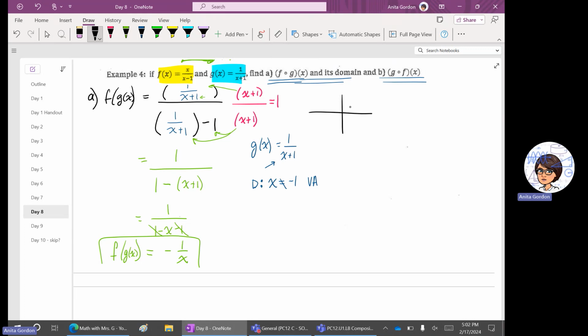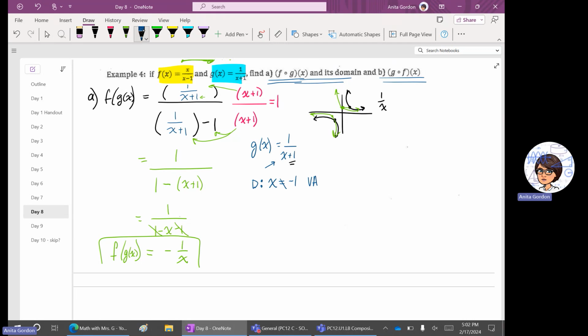Remember that 1 over x is this, where we have a horizontal and vertical asymptote, and the two key points are (1, 1) and (-1, -1). So this +1 means that we have moved it over by 1.